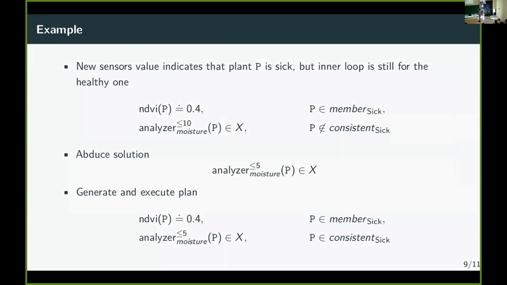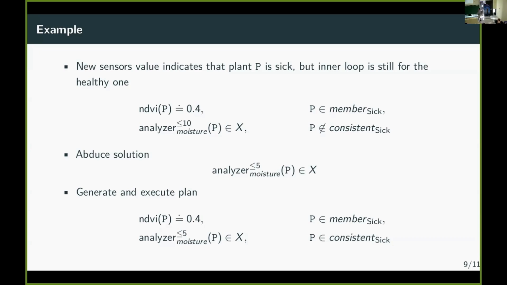So let's have an example. Let's say my knowledge base has stored that P has a value of 0 or 4. Sadly, my analyzer is still from my old stage, so it's for the healthy one, so I know that I'm a member of 6, but I'm not consistent with it. And now I ask, what formulas or what facts do I need to add such that I am a member of consistency?